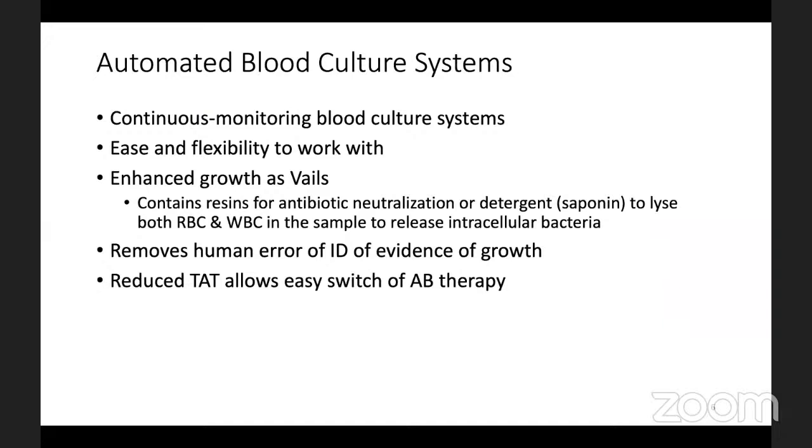These automated blood culture systems usually employ sensor technology with a growth algorithm to give us our results, and we call it a continuous monitoring blood culture system. When you open some of this equipment, you see that there's agitation.